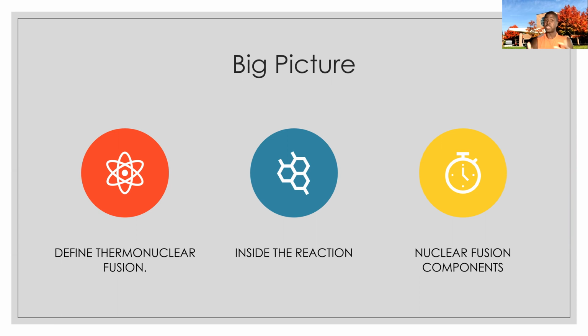The second step is going a little bit more into the reaction as it relates to this week's topic. And then last, we'll talk about nuclear fusion, the components. So important components that help describe how this process happens as it relates to the atomic bombs.